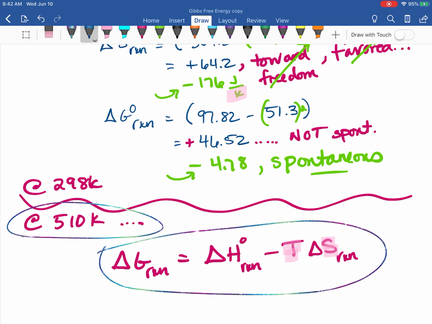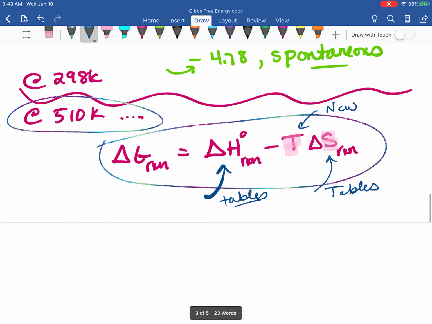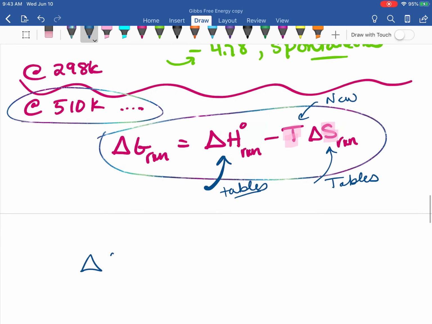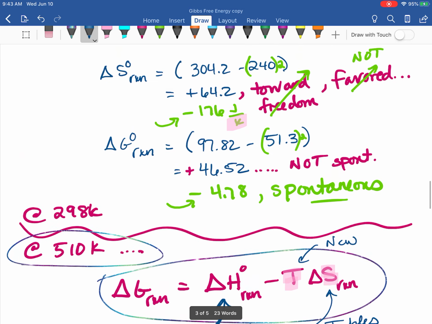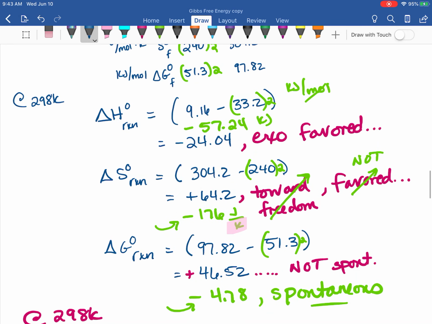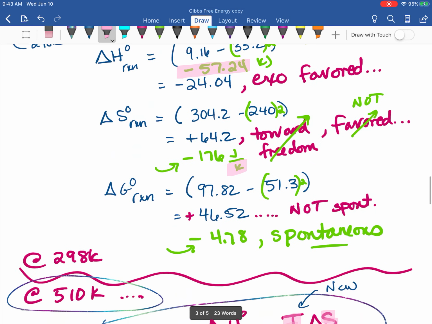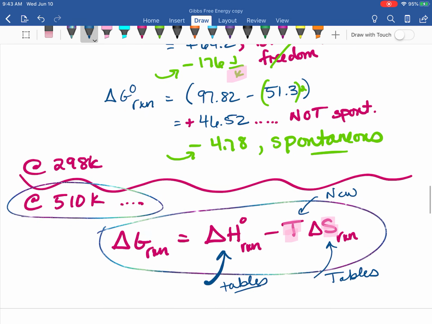So how do you use this equation then? Well, we can plug in our values from the tables for both of these, and then what we're including is that new temperature. So let's go ahead and calculate our delta G. What did we get for our enthalpy? We got our new value, minus 57.24.